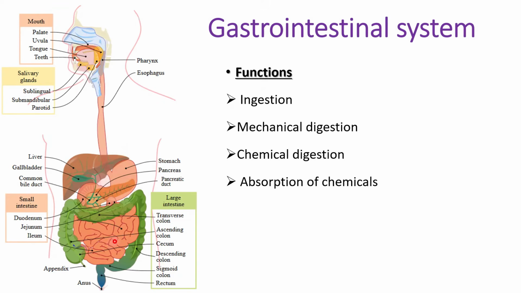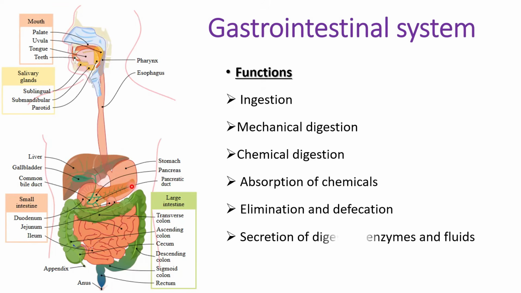Then absorption of nutrients will be happening in the small intestine, especially the duodenum, jejunum, and the ileum. Then elimination and defecation will be happening in the anus and the rectum. Even storage will be happening in the rectum.